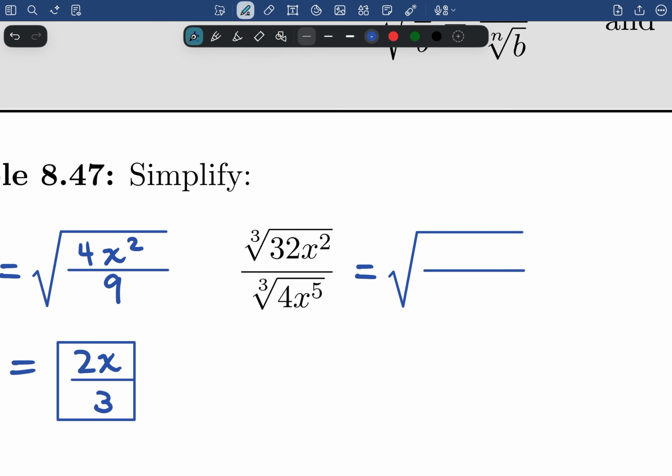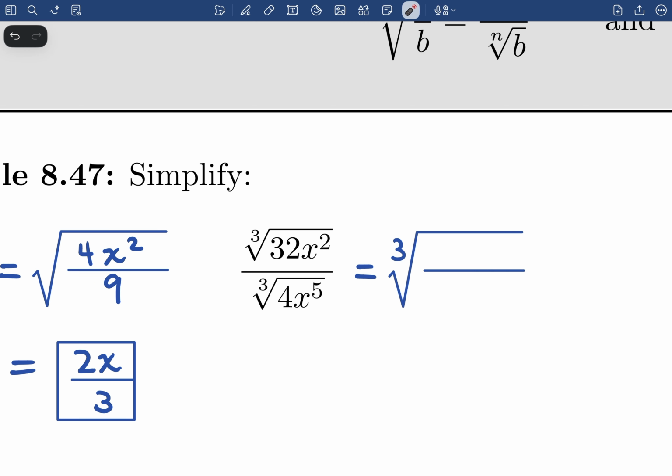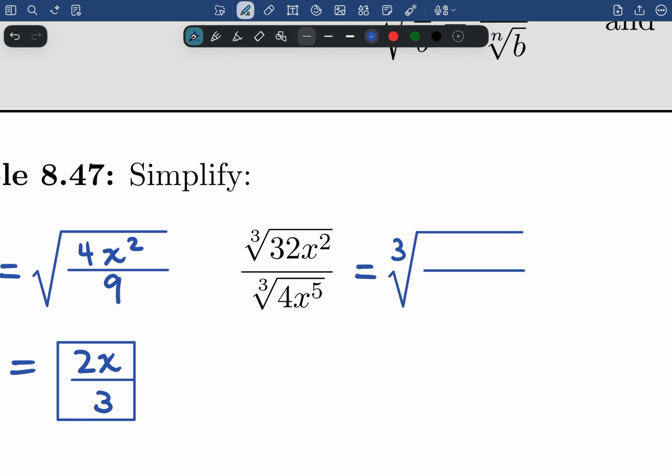Here I have a cube root where I'm going to combine all of this into a single cube root from these two cube roots. And while I do it, I'm also going to reduce the fraction. So when I see 32 divided by 4, I reduce that to 8 on top, right? Because 32 over 4 reduces to 8 over 1. I can make that 1 invisible because I'm going to be putting more stuff in that denominator.